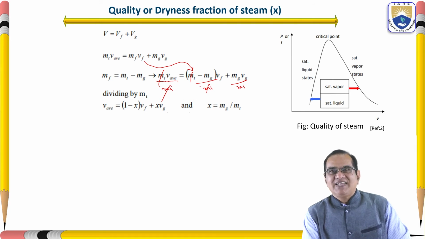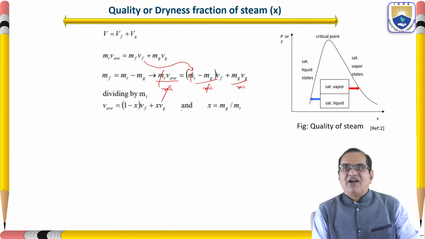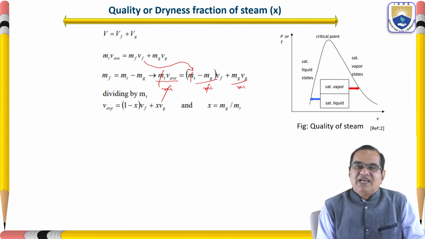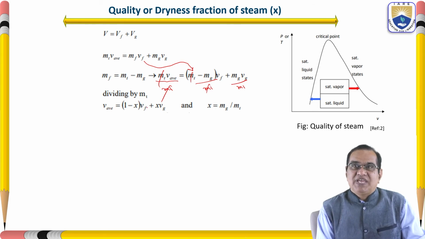We have defined already. So here 1 minus x into Vf plus mg by m is equal to again x into Vg. mg by m is equal to x always. So we got here that specific volume V is equal to 1 minus x into Vf plus x into Vg.